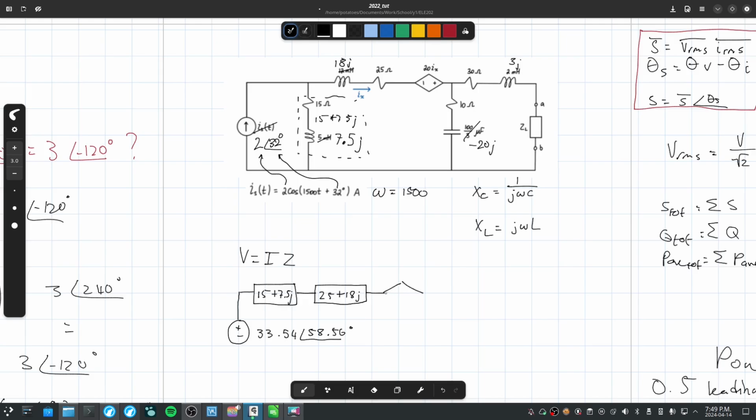We have our dependent source here, positive 20 IX, with IX flowing this way. We have another load here, 10 minus 20J.